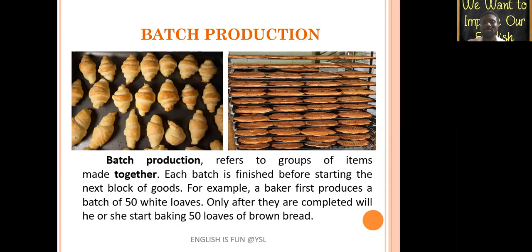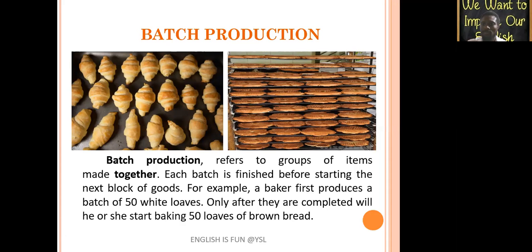Okay, so batch production is all about making the same set of items in groups. So items are basically made together. The products are made together. So it refers to a group of items that are made together.